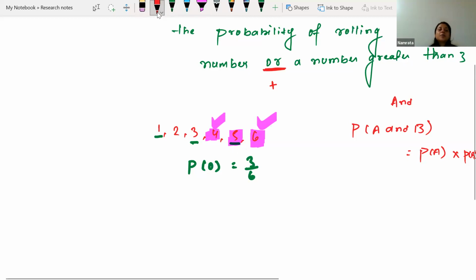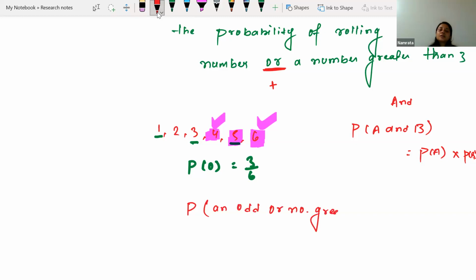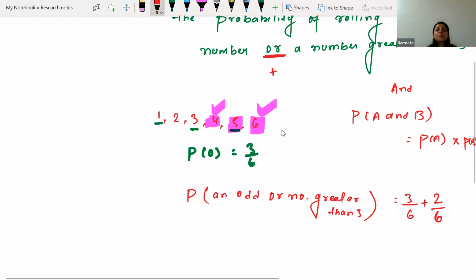So let me write it: probability of getting an odd or a number greater than 3 will be, odd number, that is 3 by 6, plus greater than 3, as I told you that 5 we have already considered for the first case, so we can't take that, so we'll be taking 2 by 6. Yeah, this is how, just by adding both of them, we will be getting the probability.